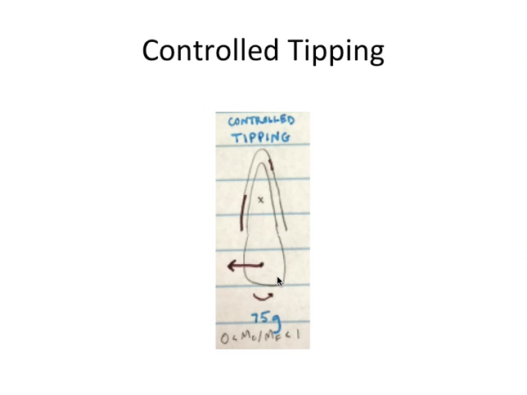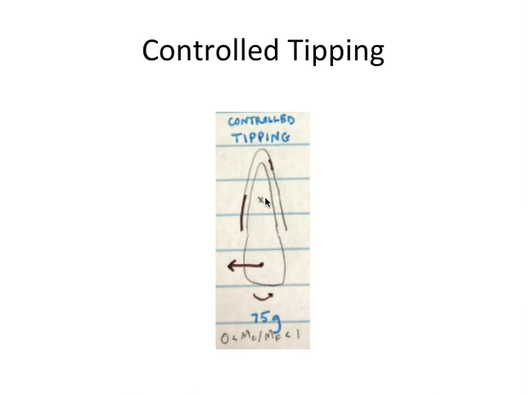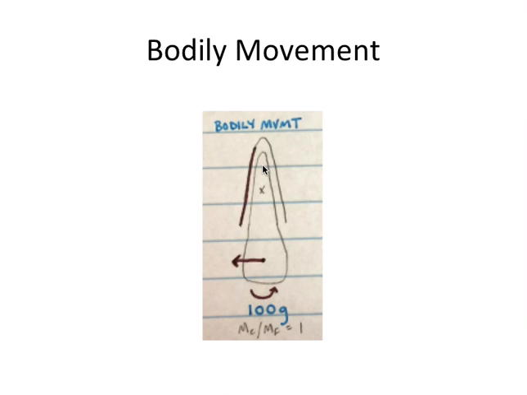I also want to go back and just mention the centers of rotation. I forgot to mention some of that. For uncontrolled tipping, the center of rotation is at the center of resistance. For controlled tipping, it's at the root tip, because that's what was staying stationary. For bodily movement, there really isn't one.